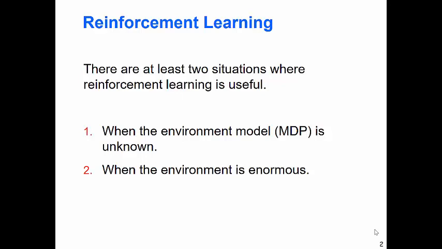So, for example, AlphaGo, if you're thinking that that's like a pure reinforcement learning system, which you could argue whether it is or not, but AlphaGo, do we know the model of the MDP for Go? Right, it's just a game.